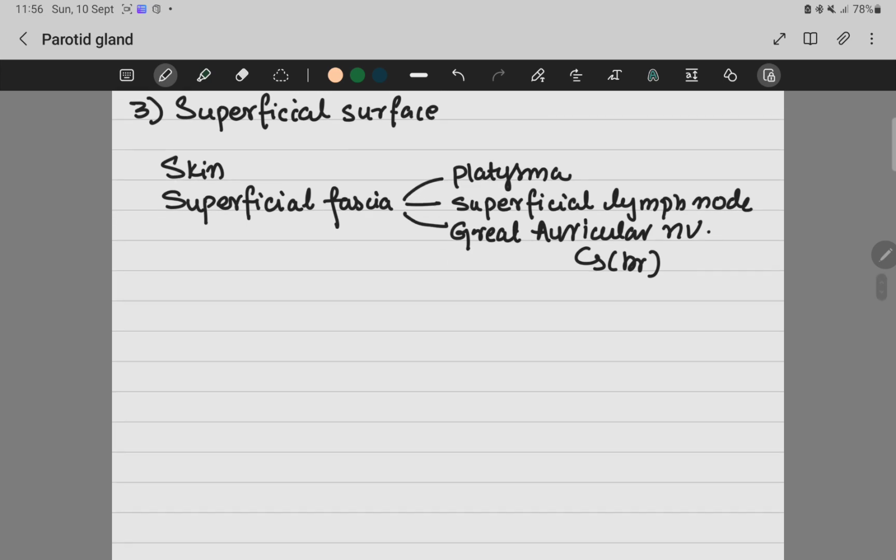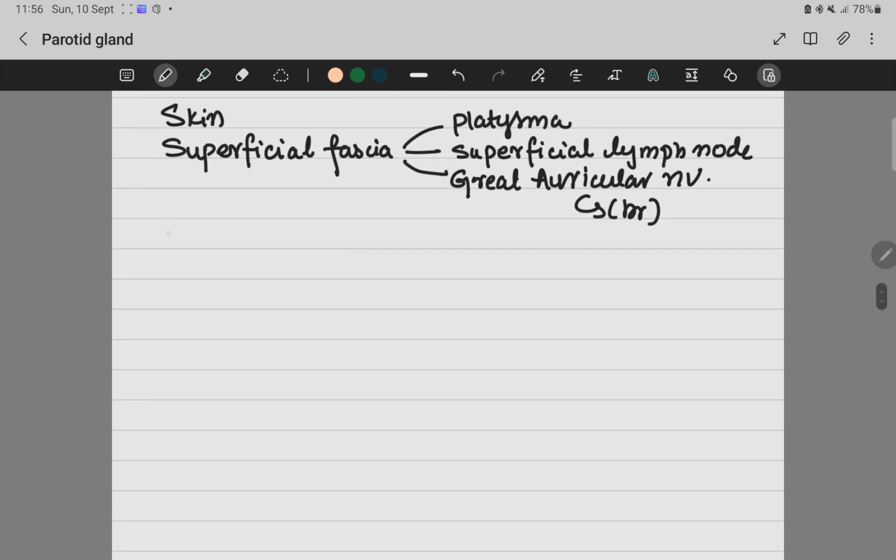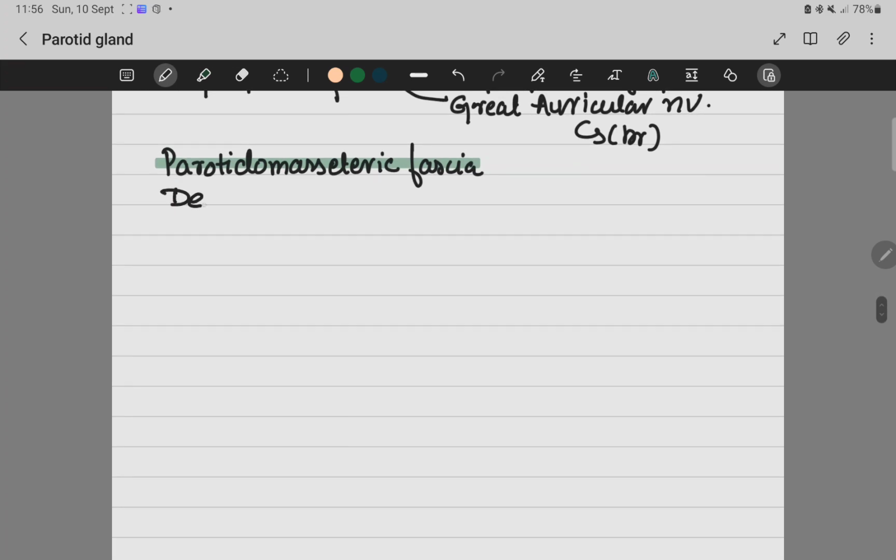Branches, not the entire nerve, the branches. Then we'll have the parotido-masseteric fascia. And the last will have the deep parotid lymph node.